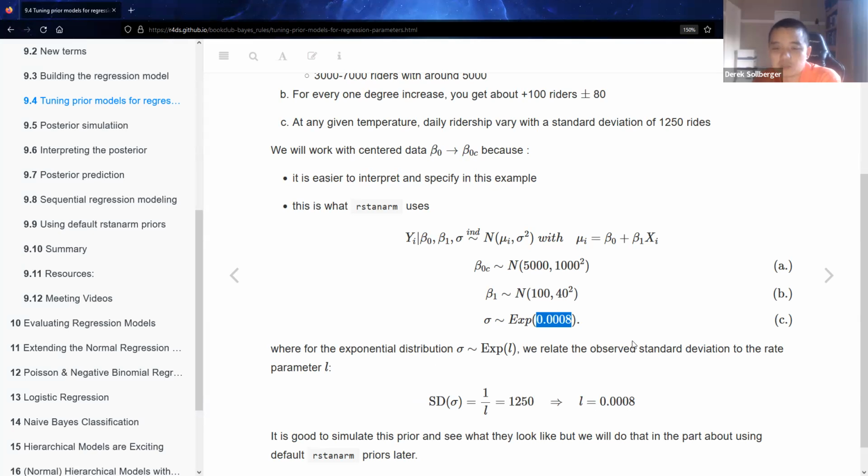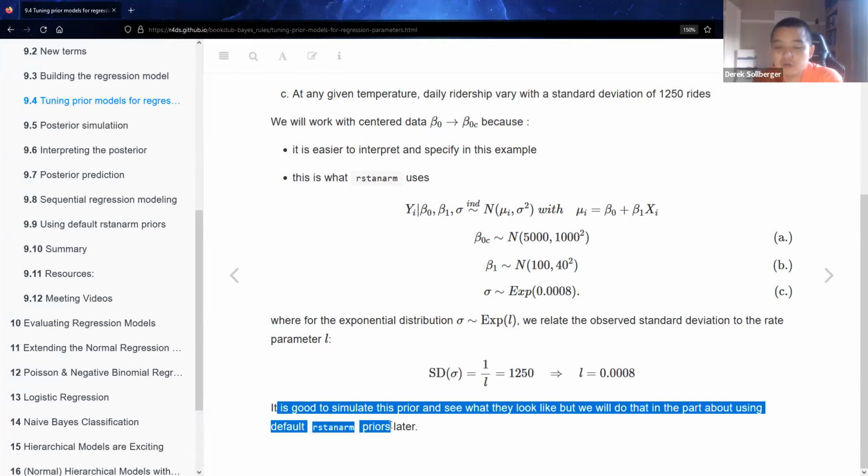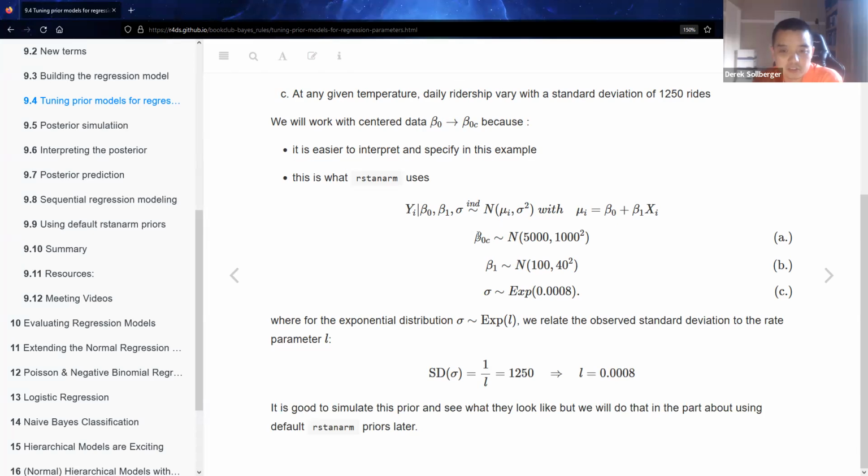And that's how we get this number. The authors noted that at this point, we could do a simulation of the prior distribution and visualize these three distributions. But admittedly, we're going to focus on using the R packages for the overall process in just a bit.